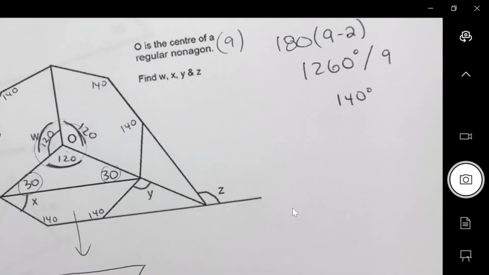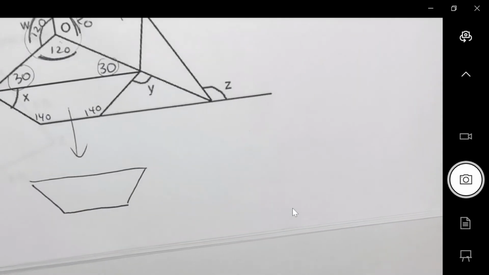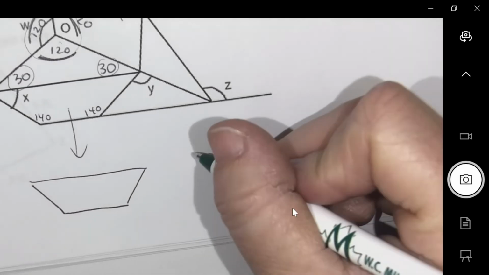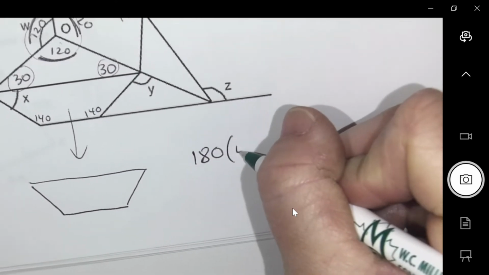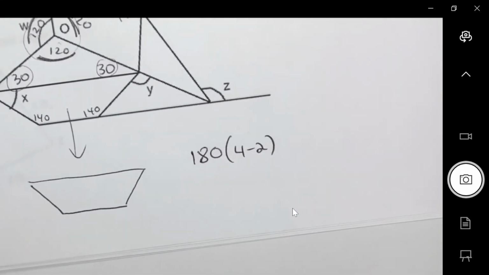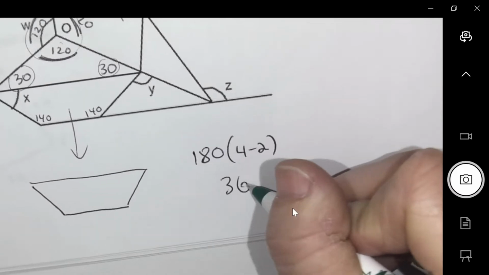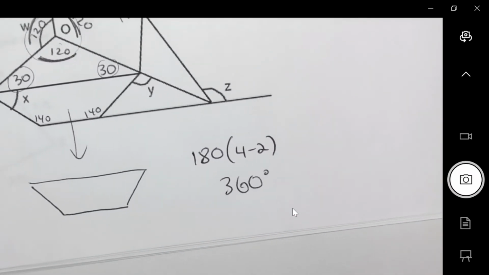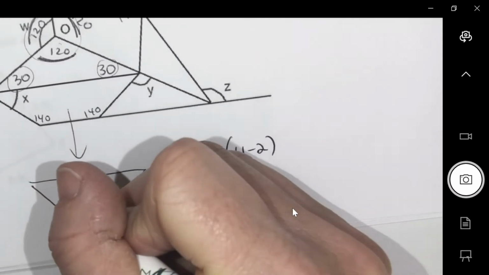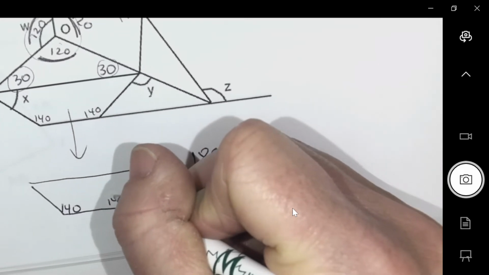Okay, I'm going to take that shape. Does anybody know how many degrees are in a four-sided shape? Just offhand, like a square. How many degrees are inside a square? Or if you forget, then you just do the formula. So there's 360 degrees in a four-sided. We have 140, 140.